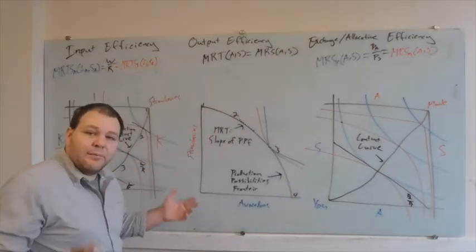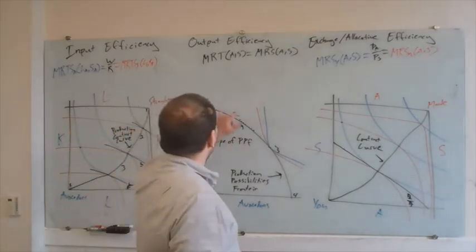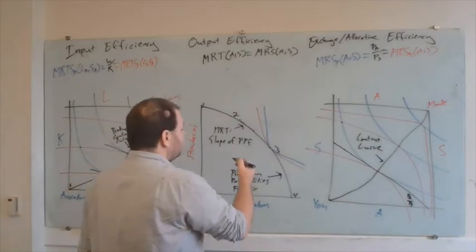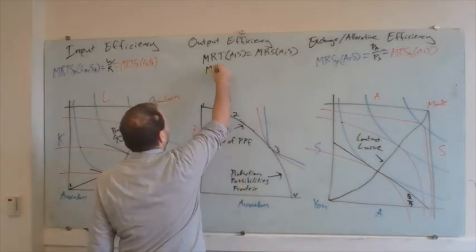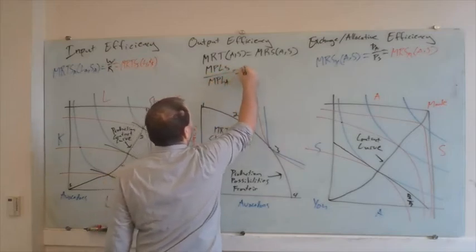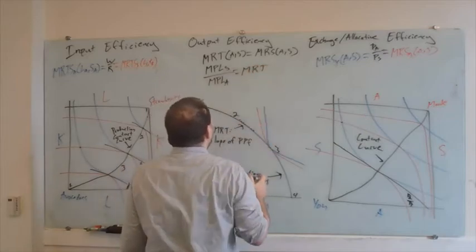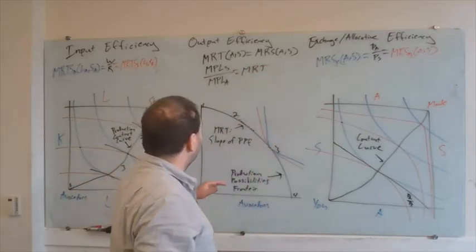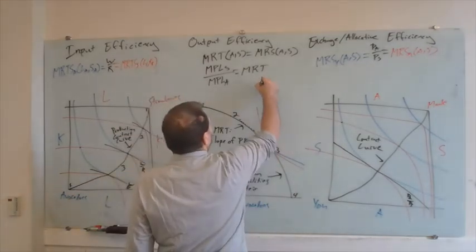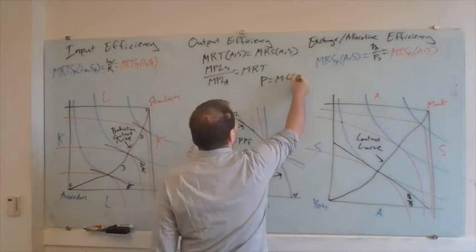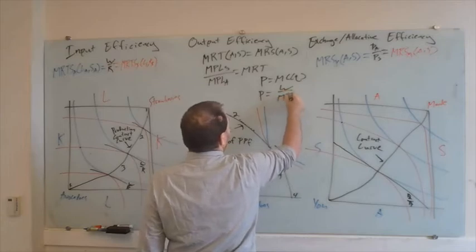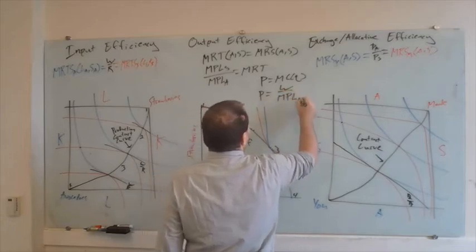Why is this going to happen in a competitive equilibrium? Well, we said that our MRT is going to be the ratio of the marginal product of labor in strawberries to avocados, right? And we said that our producers, when they're maximizing profit, are going to produce where price equals marginal cost, which is going to mean that price is going to have to equal W over MPL, right, for any particular good.